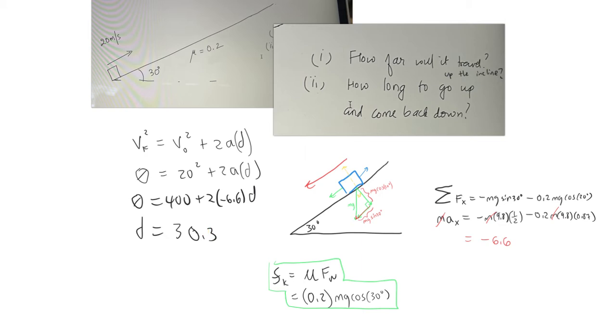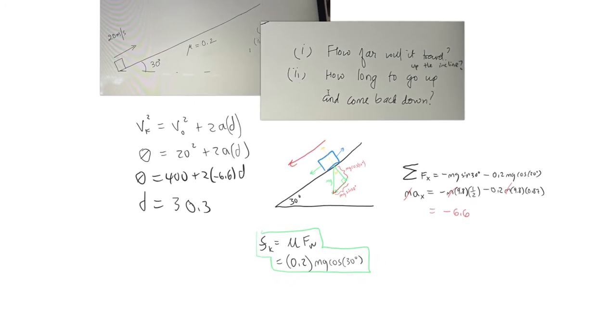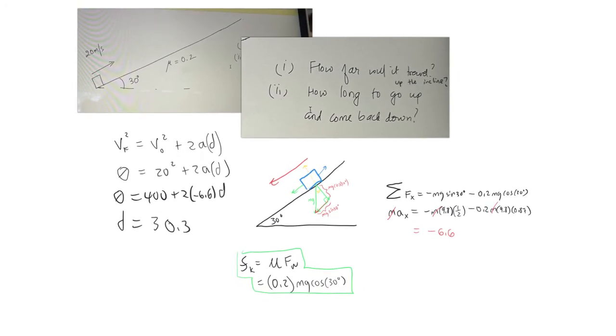Okay, so then they ask, how long did it go up and come back down? Obviously time is playing a role at this point. I feel like that one is pretty easy, because they're really saying, how long did it take? Probably a couple ways to go about that, but I think just this formula should work.